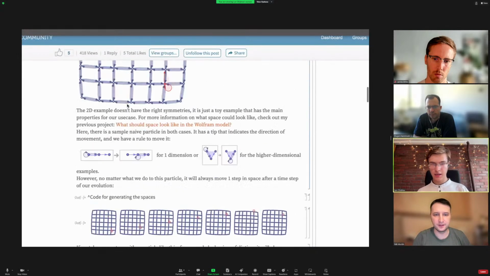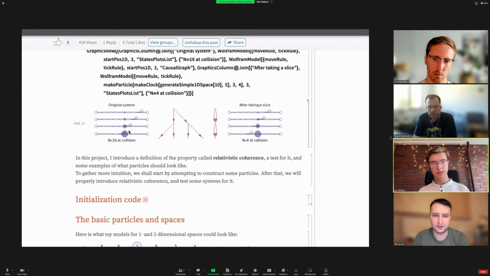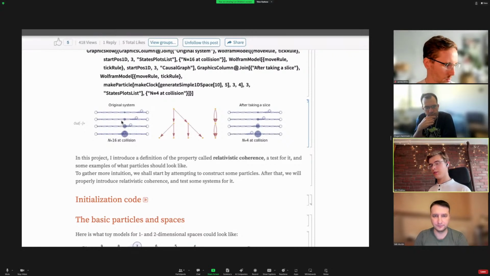So the counterexample to that statement is this. Here we took a tilted slice, and then we took it as the initial state.